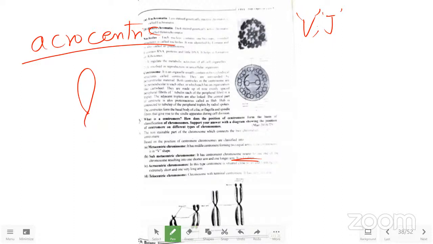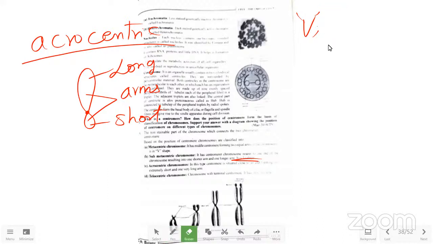One is a very long arm and the other is a very short arm. Whenever the chromosome is divided like this, it is called the acrocentric chromosome. This is the long arm and this is the short arm. During cell division, the submetacentric chromosome gets the L shape and the acrocentric chromosome makes the J shape.